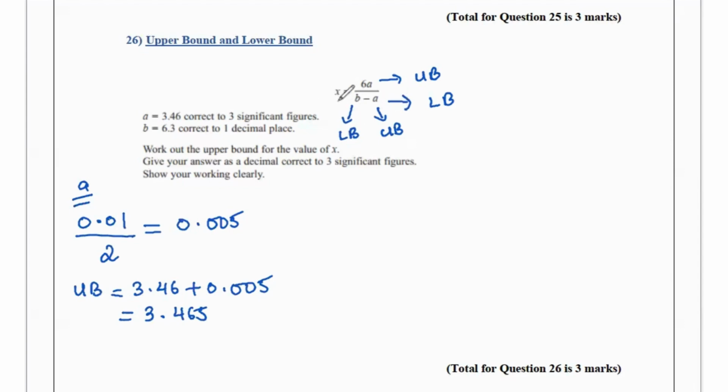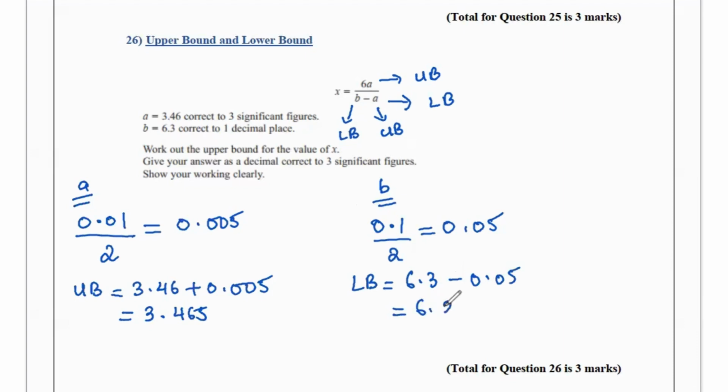Now moving on to the denominator. For the lower bound of b, the degree of accuracy is given as one decimal place. So that's 0.1. Divide that by 2. That gives us 0.05. So lower bound would be 6.3 minus 0.05, which is 6.25. Upper bound of a is already calculated, so we just substitute the values in the equation now.